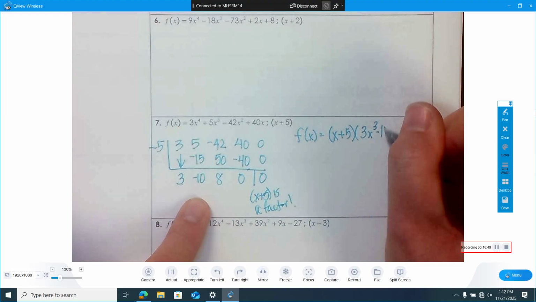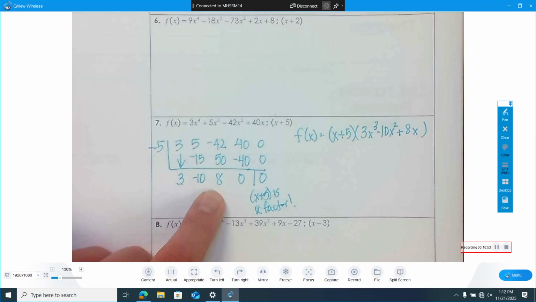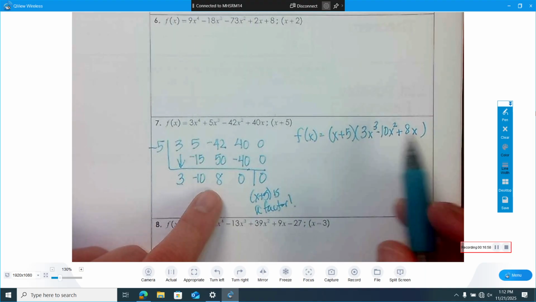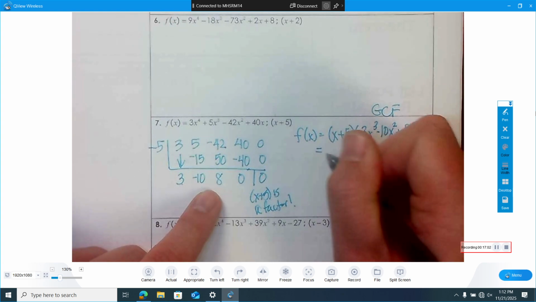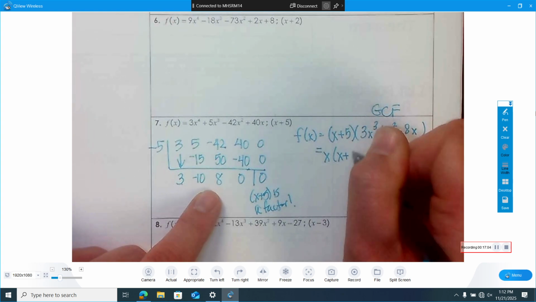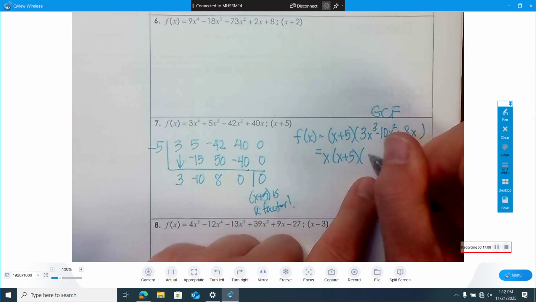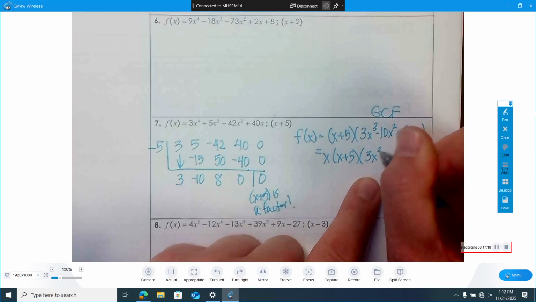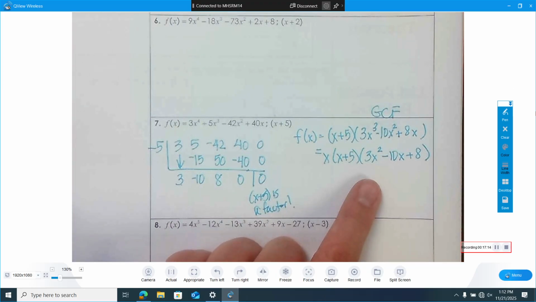And then minus 10x squared plus 8x. All right, and then what can we do with this trinomial? GCF, sure. I'm going to pull that x all the way out in front. And if I take out that x, then I'll have 3x squared minus 10x plus the 8.